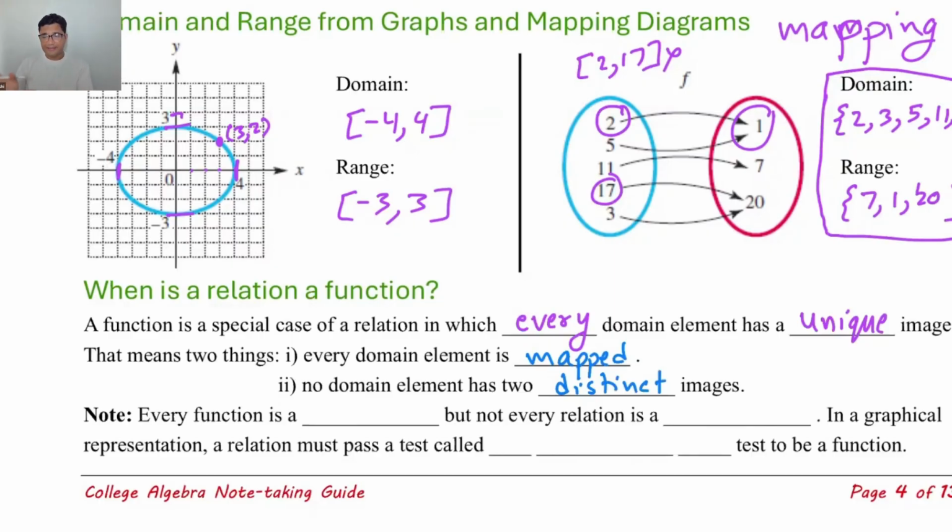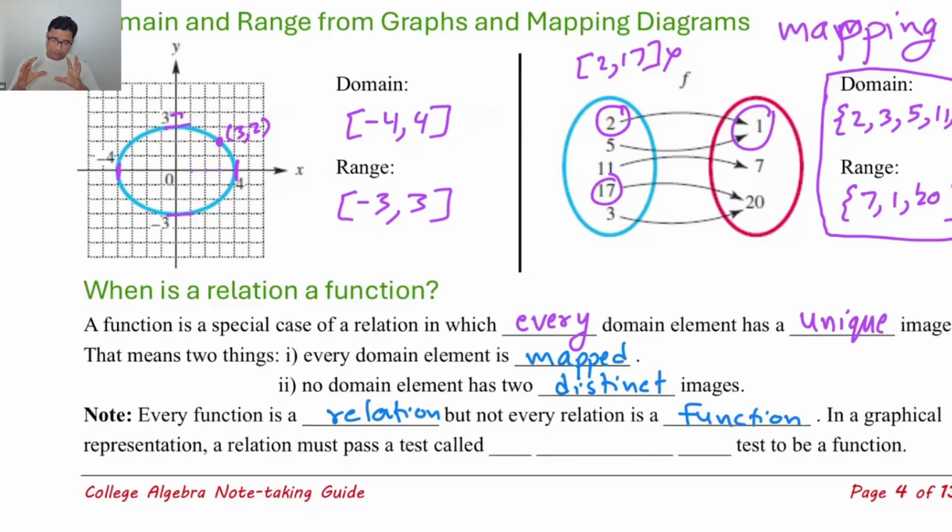It means the same element in the domain cannot have two different images. Then it becomes a function. So of course, every function is a relation, right? Function is a special kind of relation, but not every relation is a function.